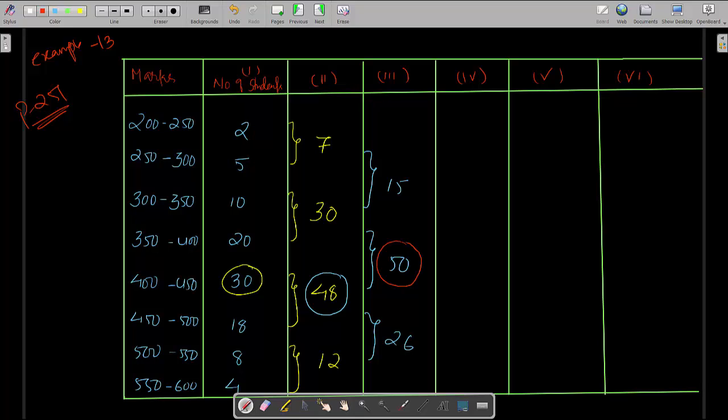Clear? After this, what you have to do, for the fourth column, you are asked to group the frequencies in threes beginning with the first item. So the first item is 2. So 2, 5, 10. 22, 18.